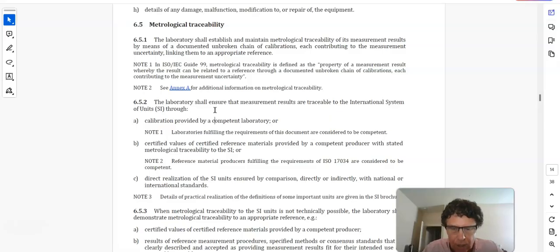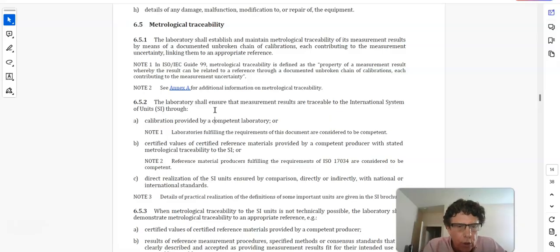You only know that it was good when he left last year and it wasn't good when he came here and now it's good again. So you have a year's worth of data that is in question. Did you meet the requirements of the standard? Well, yeah, but it's questionable throughout a whole year whether the data that you were producing from that balance were valid. That's what that means.